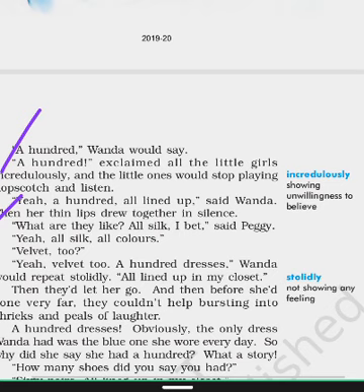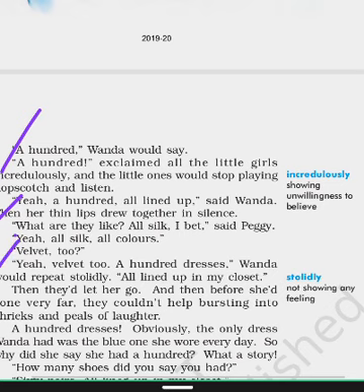She is telling that I have 100 dresses and all are lined up. Then her thin lips drew together in silence. Then Peggy asks her, "What are they like? All silk, I bet." Peggy is asking how they look. I think all of them will be of silk, I can bet that. Then Wanda says, "Yeah, all silk, all colors."